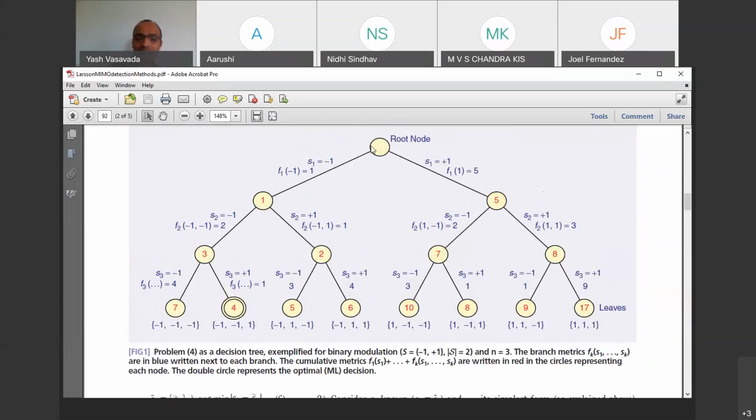In this decision tree, the decision feedback method has decided that S1 is equal to -1. Why? Why did it decide that S1 is equal to -1?